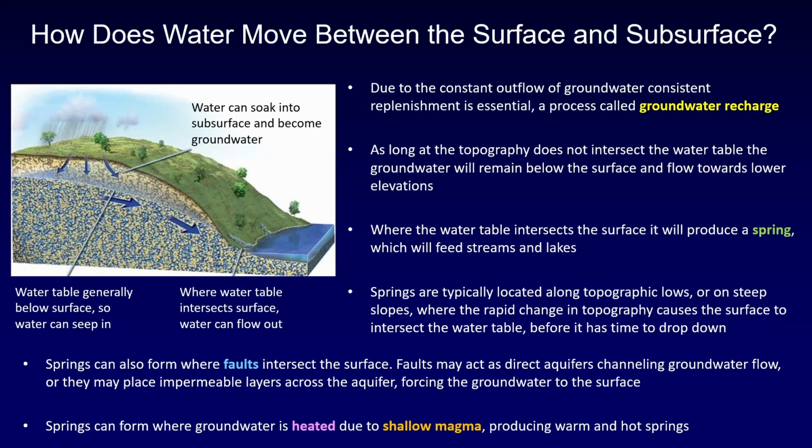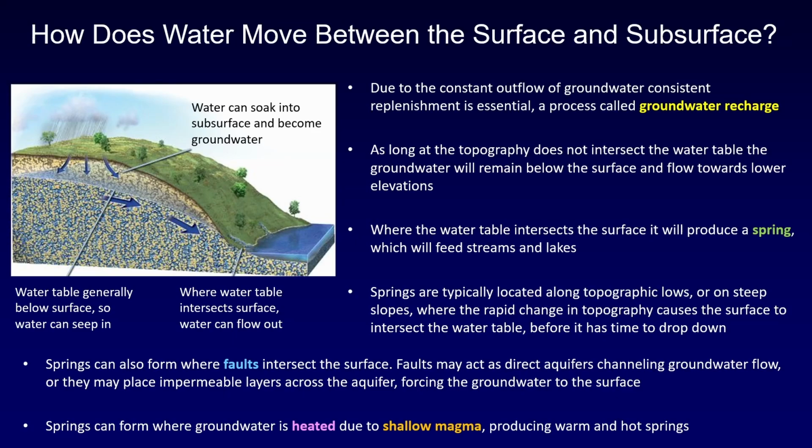Because you have water which is flowing down your aquifer, and that water needs to go somewhere, but it can't because there's the impermeable rock in front of it. In that situation, the groundwater is forced to start rising up along the contact between the aquifer and the impermeable layer of rock, and this too can force the groundwater to the surface, resulting in a spring.